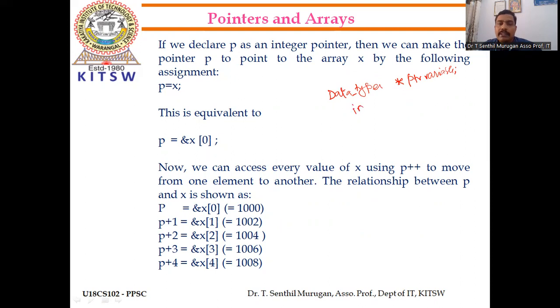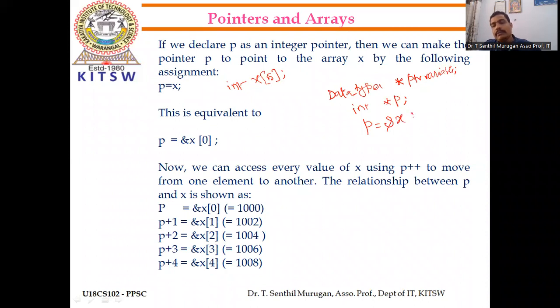For example, if I declare int asterisk p, then p holds the address of some other variable. In the previous example we declared int x of 5, an array. If we want to assign the address of this array to this pointer, we can write ampersand x.